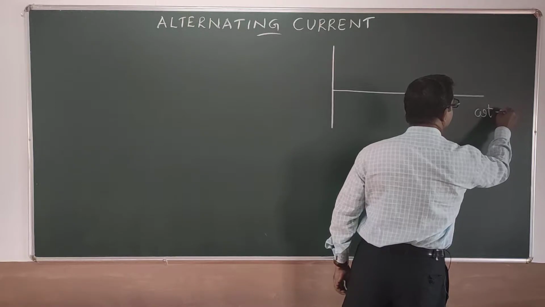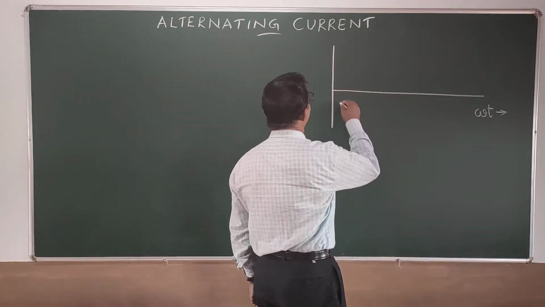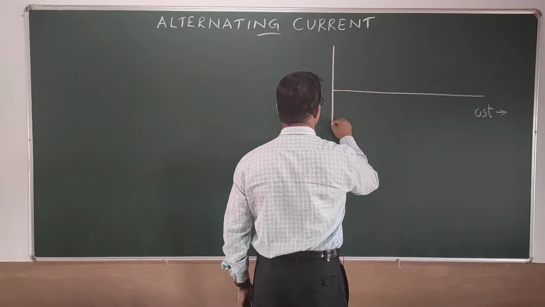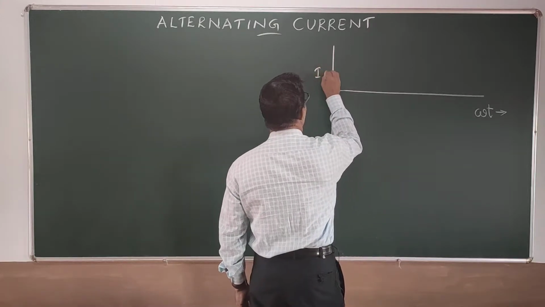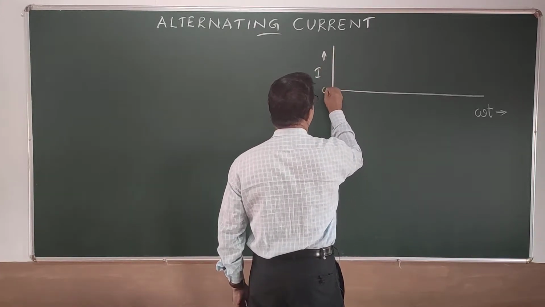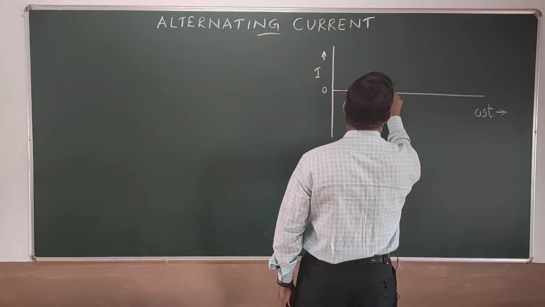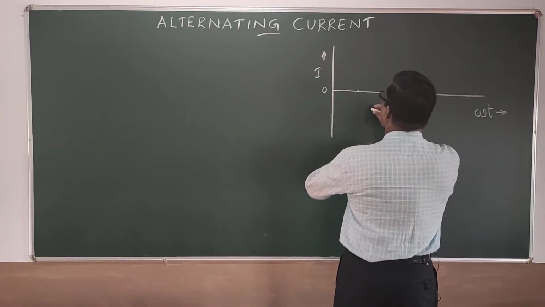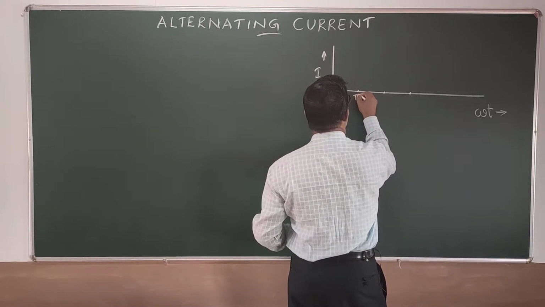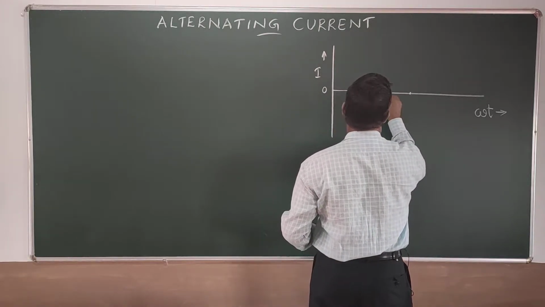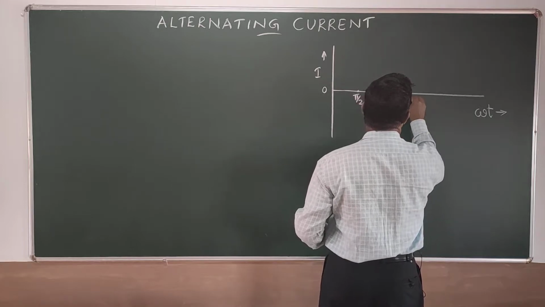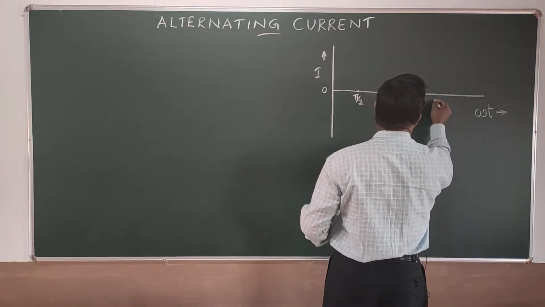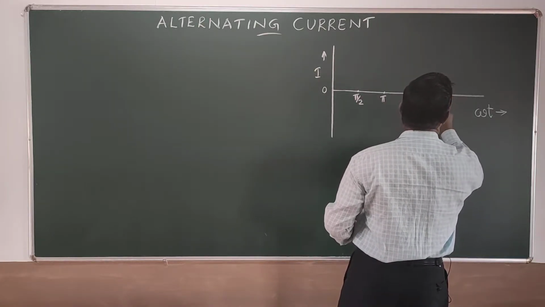That is, omega t, the phase angle, and current I. Then you can consider the phase angles as pi by 2, pi, 3 pi by 2, 2 pi.